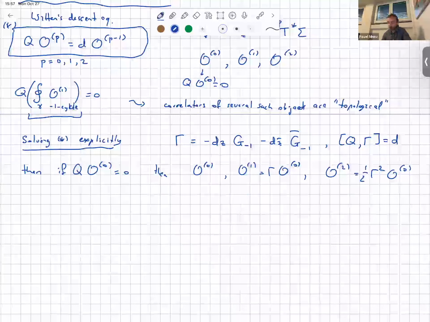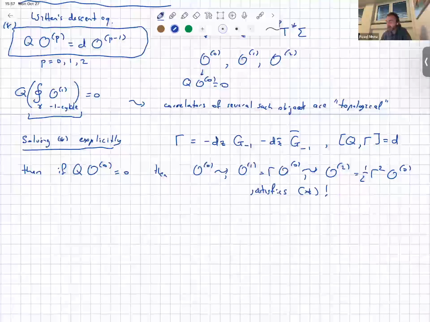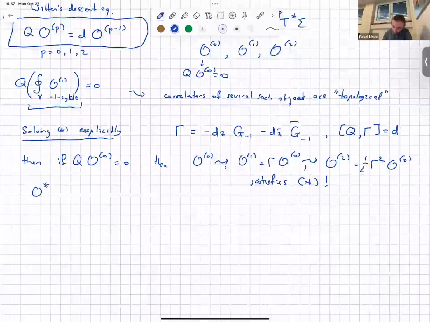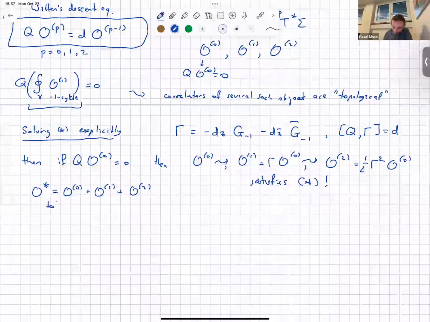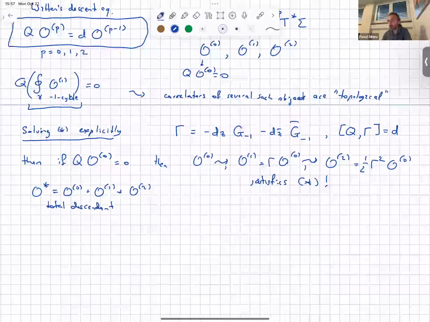This will be a kind of two observable. Then this sequence satisfies the descent equation. That's an easy check. Let me call the sum of these objects, O0, O1, and O2 satisfying the descent equation, a total descendant of O0. So it's an inhomogeneous form-valued object.